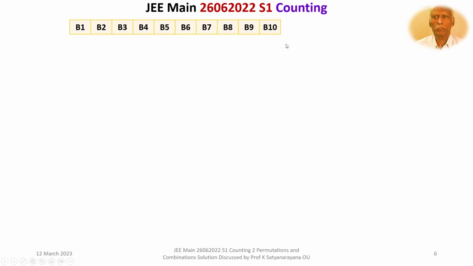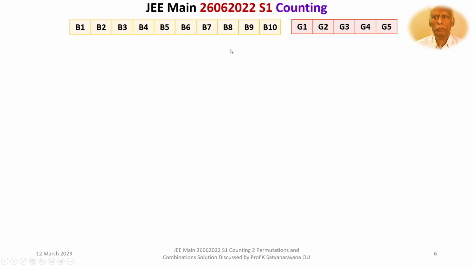We now discuss the solution of the problem in detail. We have a class in which there are 10 boys. They are B1, B2, up to B10 and we have 5 girls G1, G2, etc., G5.